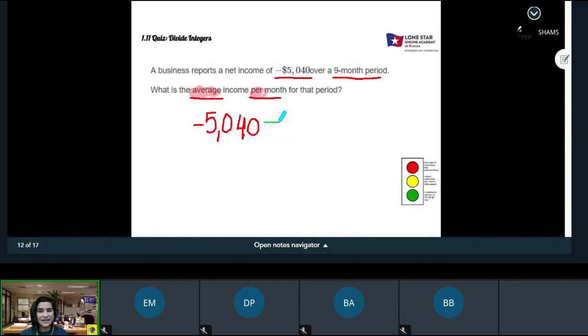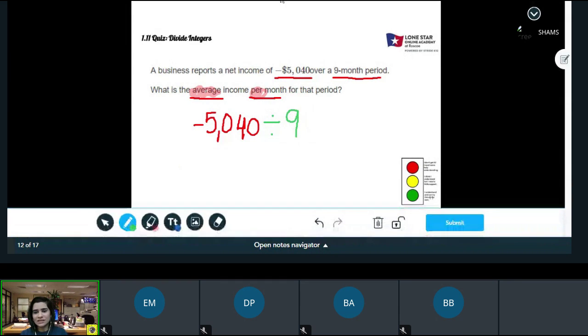I will divide this by 9. To find average or mean, you divide the total by how many months, how many items. You have to divide so you can find average. So 5,040 for 9 months. If I divide by 9, it will tell me for per month, for each month.